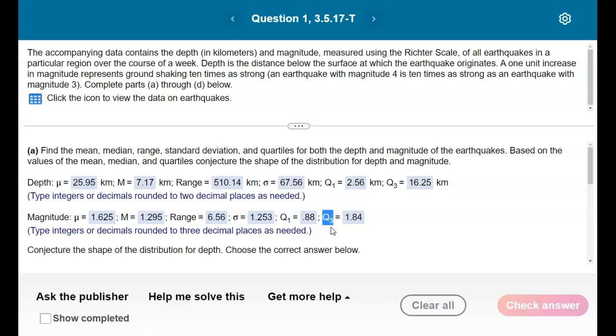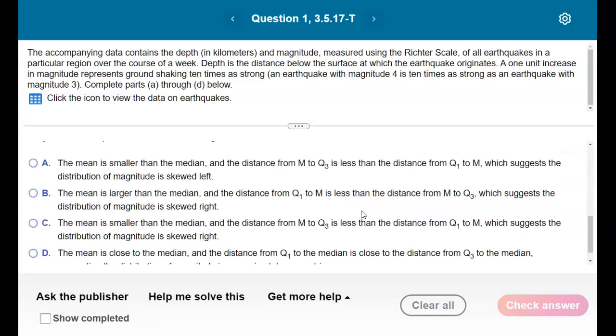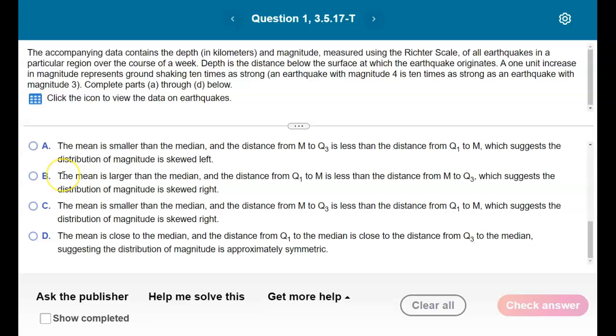So if I just subtract 1.295 minus 0.88, I get that the distance between Q1 and the median is 0.415. And if I subtract the median and Q3, I get that the distance is 0.545. I mean, those are still pretty close. So let's see what other options that we have here.